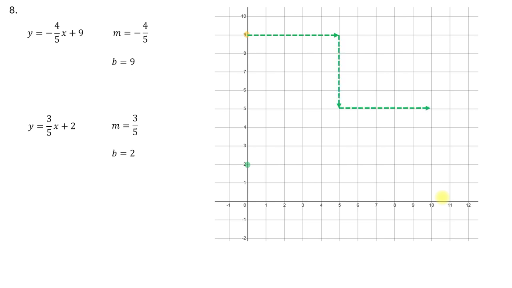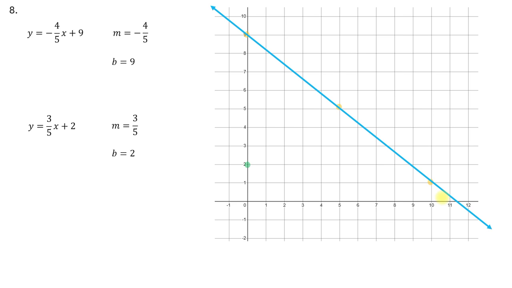A run of 5 and a rise of -4. Once we have these coordinates plotted, we can connect the 3 points with a line. So our blue line represents y equals -4/5 x plus 9.